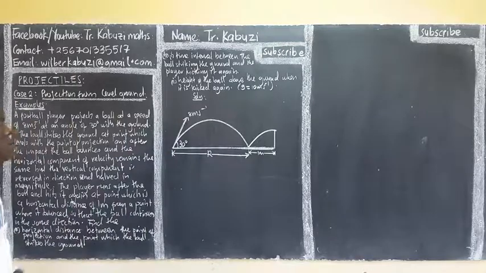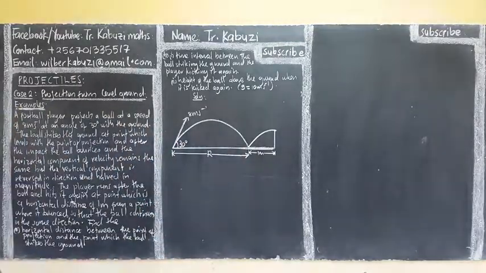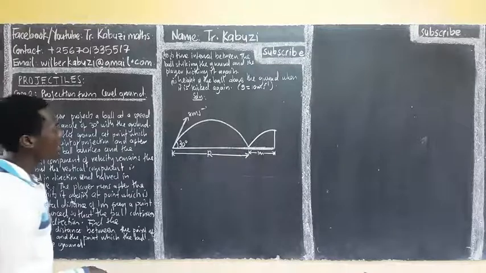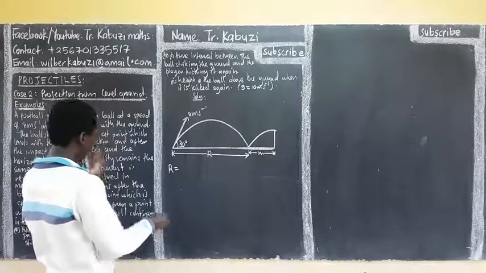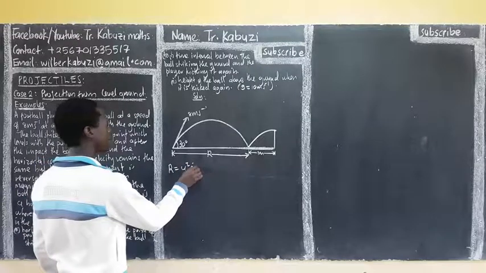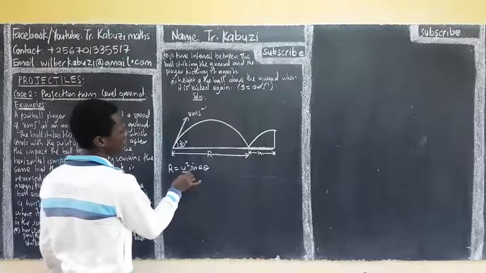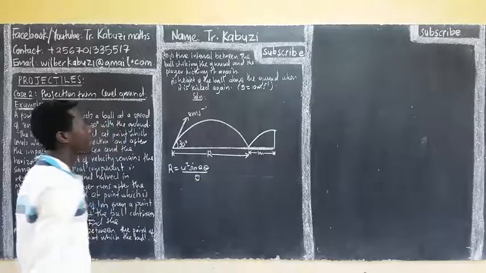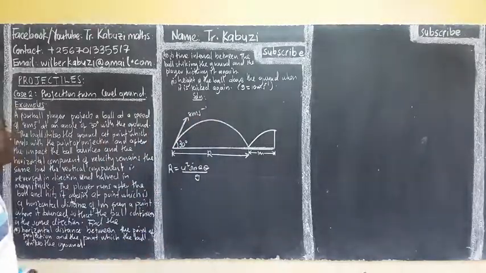And when we are at the range here, it means that the displacement covered is 0. And we saw that our range is given by u squared sine 2 theta over g. We saw how we derive all these things.